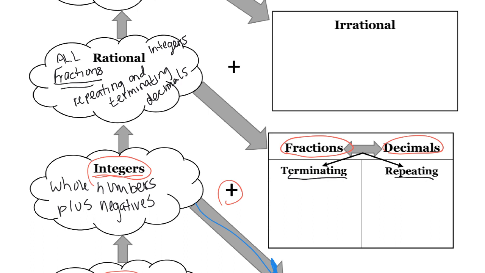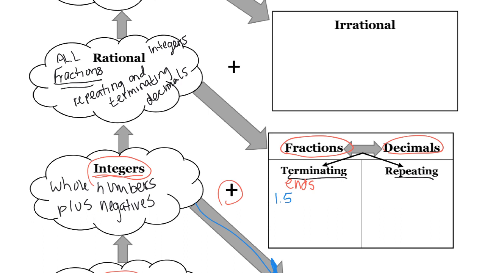So all fractions are in there. Any fraction you can think of, a positive fraction, a negative fraction. But let's look at decimals. You may be thinking, what does terminating mean? Terminating means it ends. So an example could be like 1.5. That ends. That stops after 0.5.